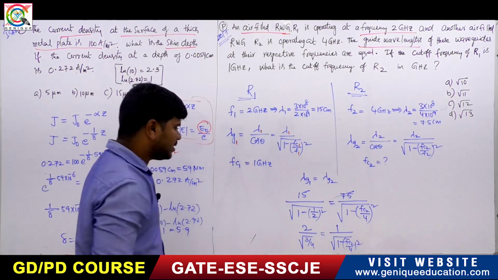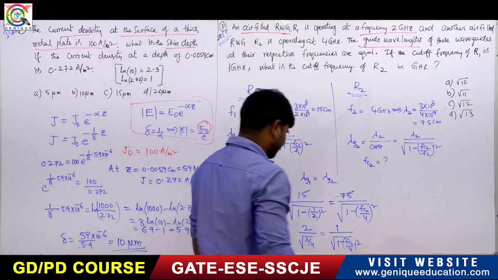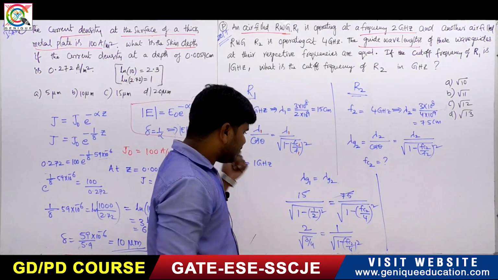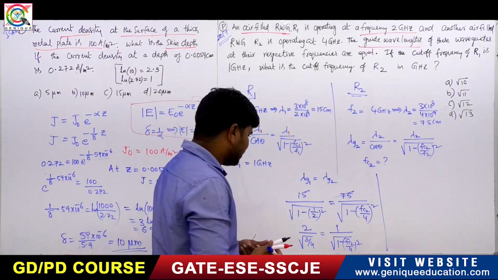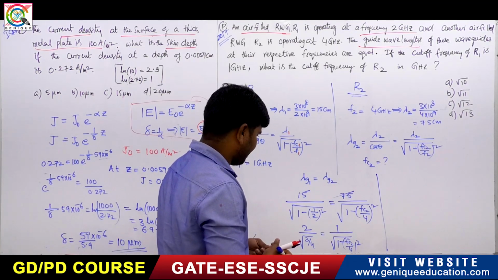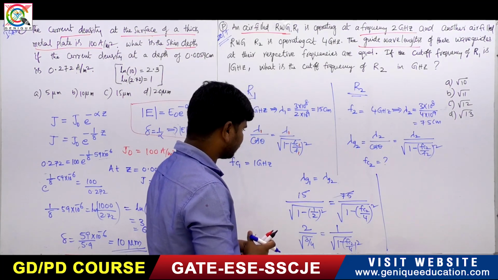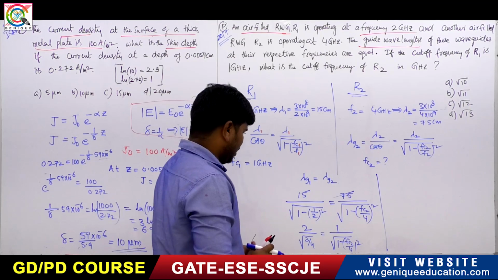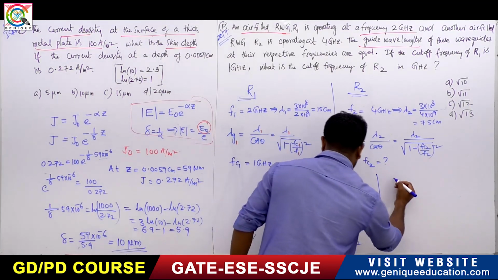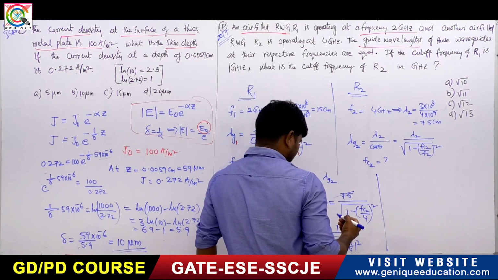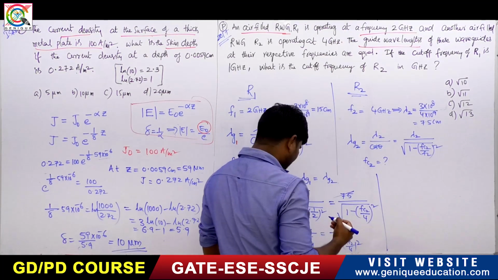So if you simplify and square this, how much will you get?